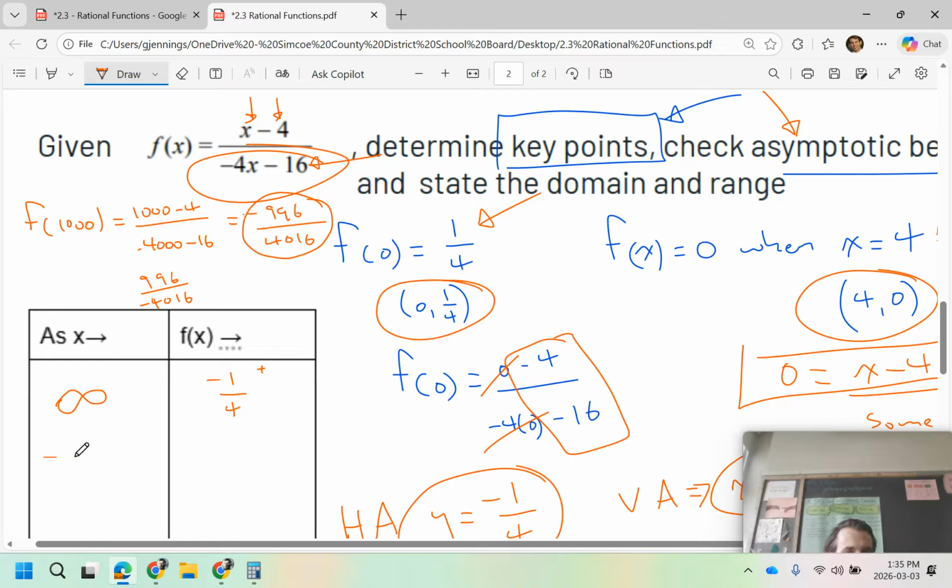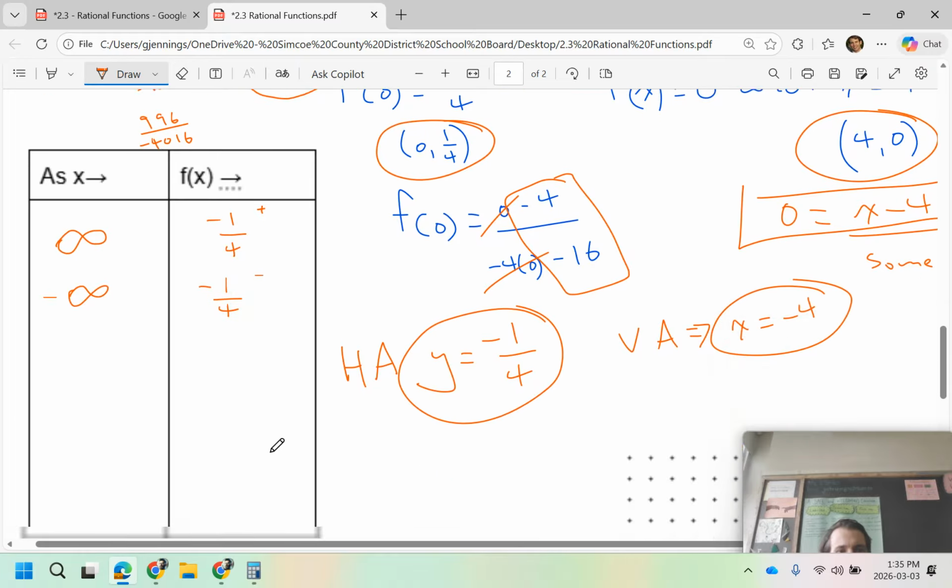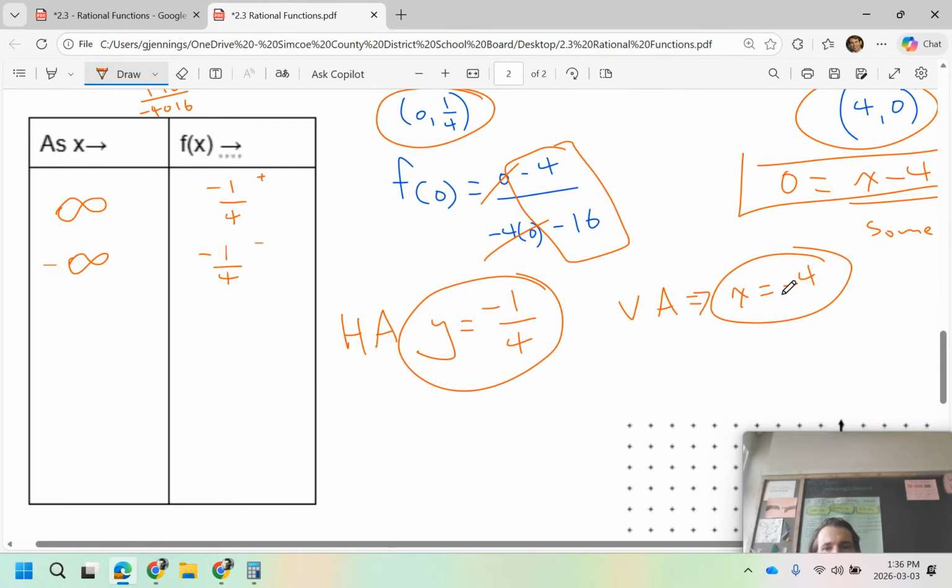And as x approaches negative infinity, please just take my word for it. We approach negative 1/4 from the negative side. Okay, we could do it, but I think you got the idea. Now let's do approaching our vertical asymptote. So we're going to choose values of x around negative 4.